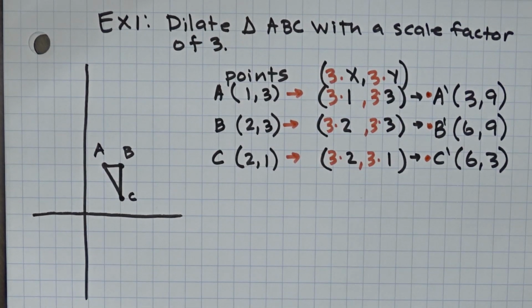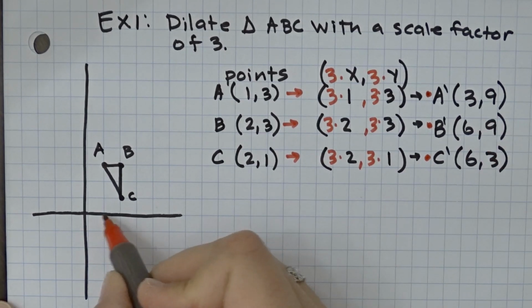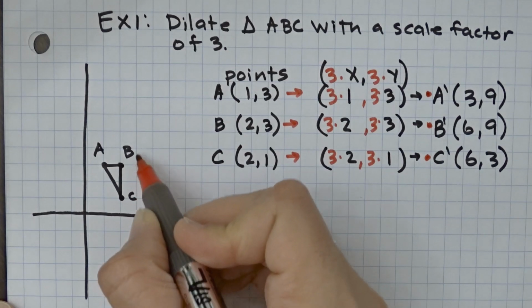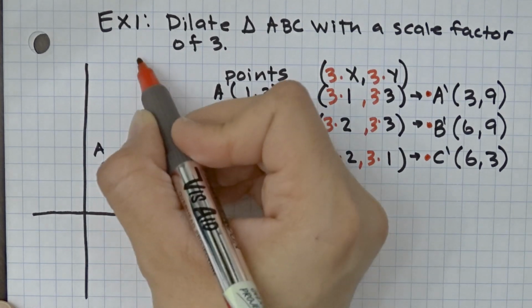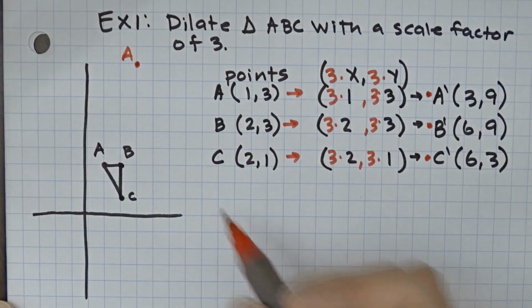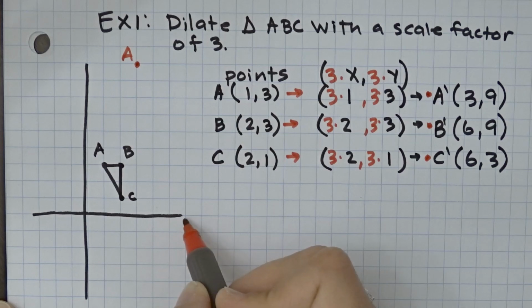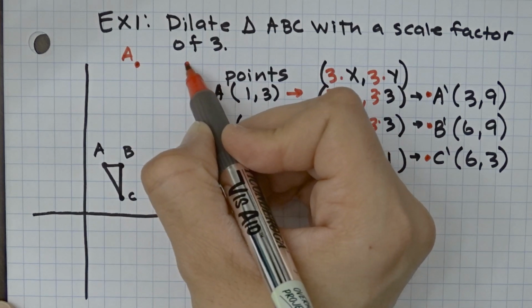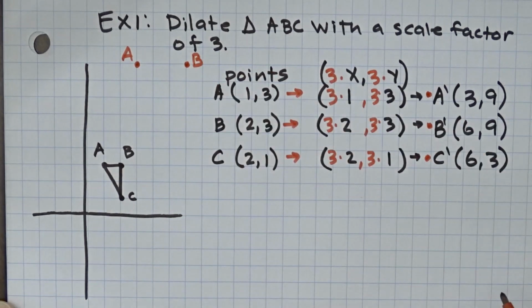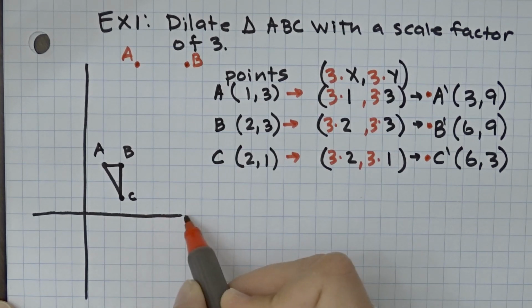And we are going to dilate it by a factor of 3. So it's going to look like this now. 3, 9. 1, 2, 3, 4, 5, 6, 7, 8, 9. That is my new A. B is going to be 6, 9. And my new C is going to be 6, 3.